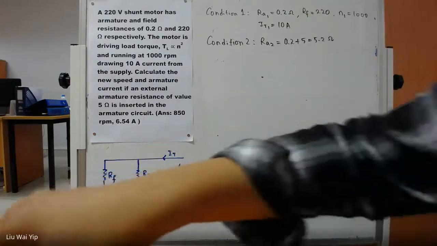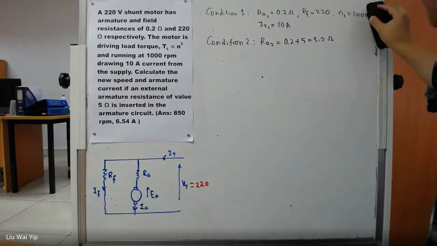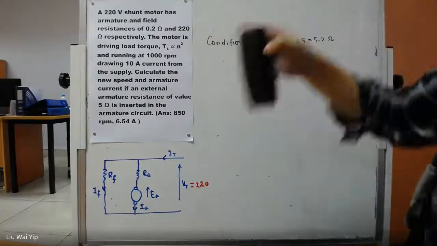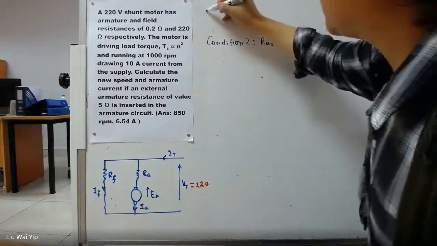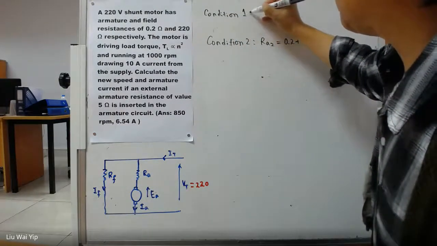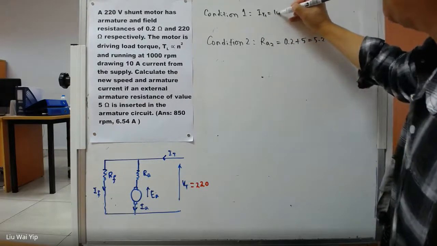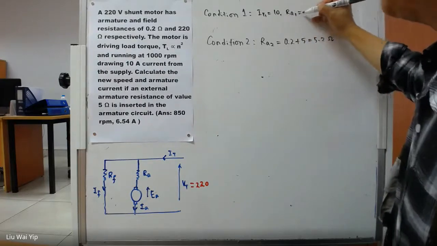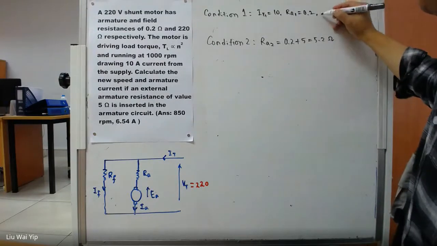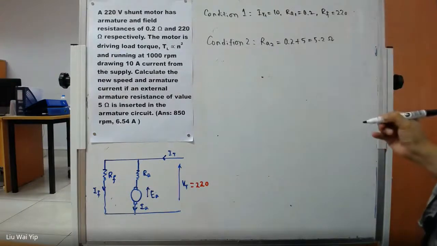So I better rearrange the text because we don't have enough space here. So now I will try to write everything in one line. So condition 1: IT1 10, RA1 0.2, RF is 220. What else?